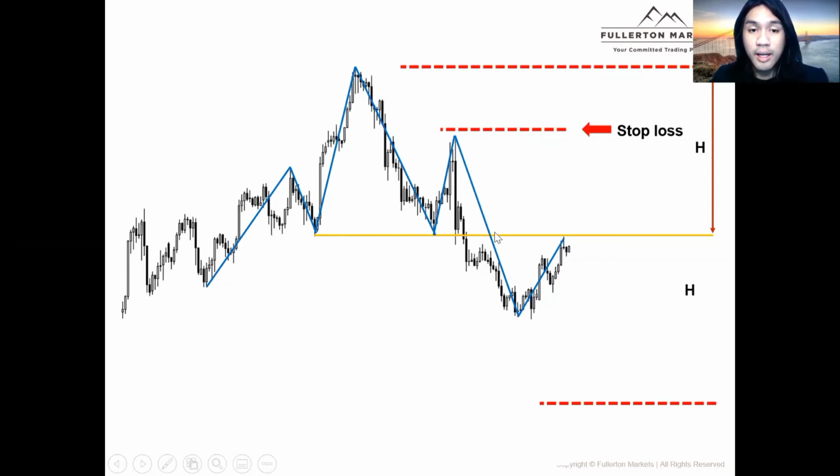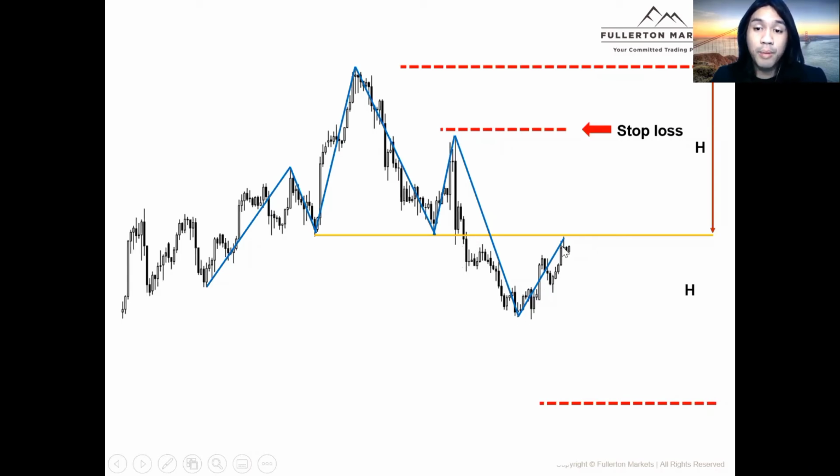This is a level where we can draw a line and see where prices actually bounce off to form the other shoulders, okay? So left shoulder, head, right shoulder, neckline, all right? And here is the breakout. Here is the breakout, yes?